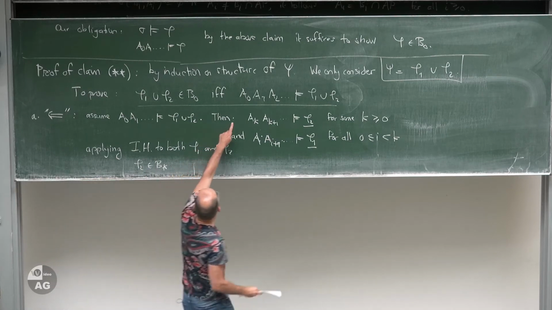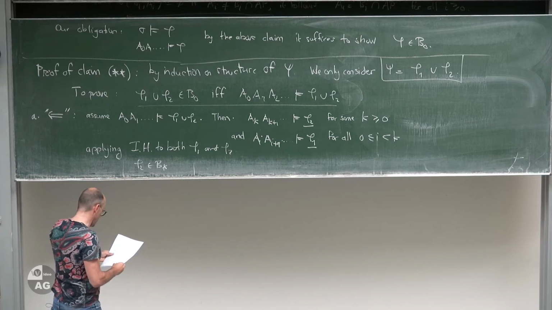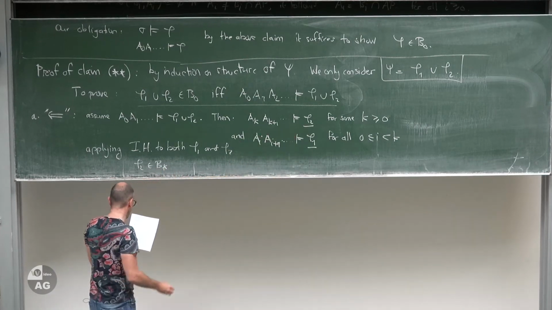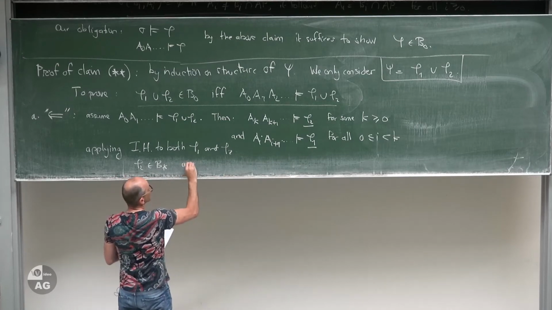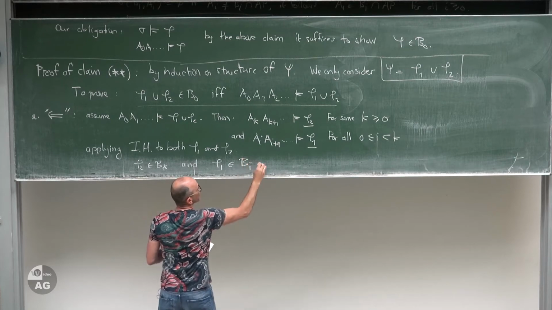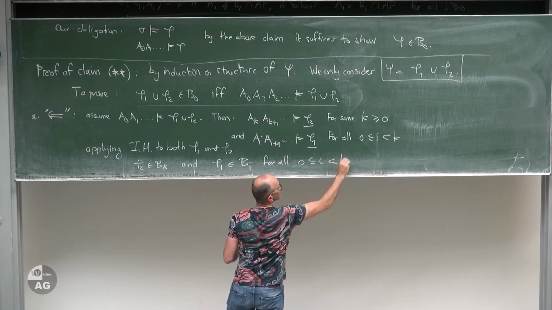Because this says if this holds for A_k satisfying phi 2, then phi 2 must belong to B_k. And we have that phi 1 belongs to B_i for all i's.